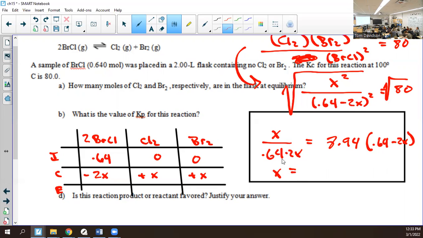You with me, sort of? Yeah, this is all math. All right, someone tell me what 8.94 times 0.64 is equal to. 5.7 minus 8.94 times 2.